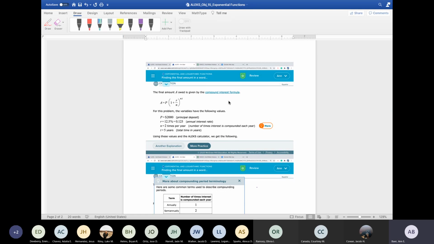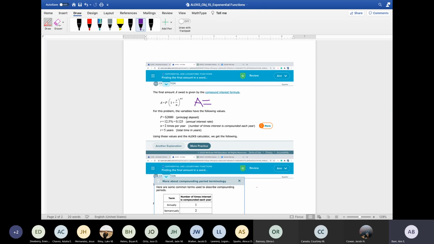So what do we have for our particular problem? We've got A is the unknown. So we want to find A. So let me put that here. A equals... what's our P?